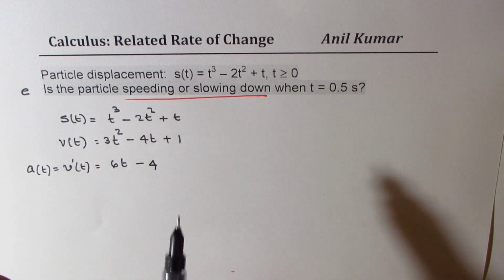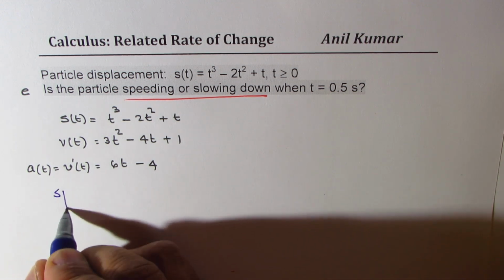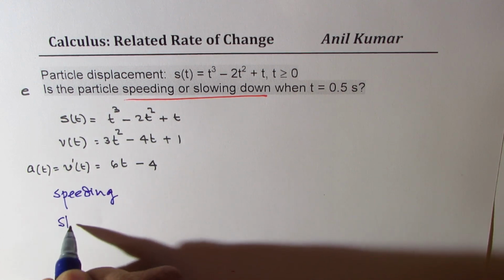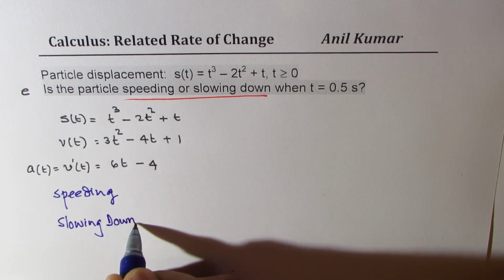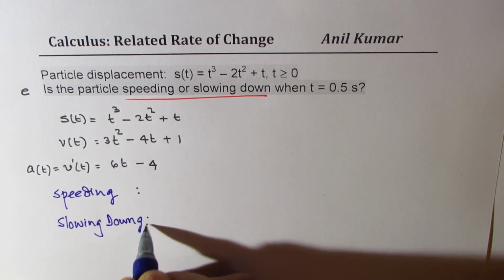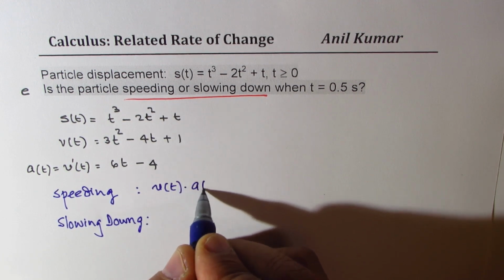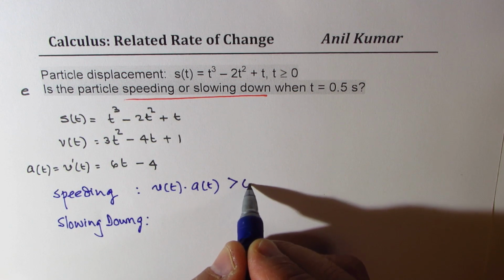So what is the concept for speeding up or slowing down? The concept is that the product of velocity and acceleration should be, if it is speeding up, greater than 0.